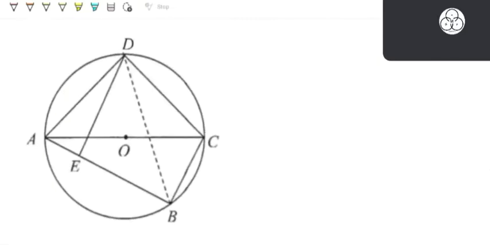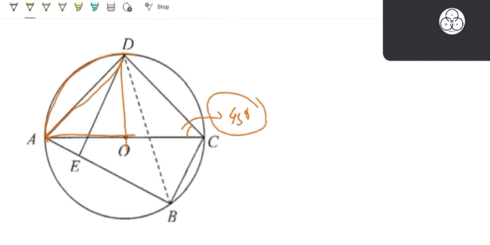Okay, fine. So what about this angle? This is 45 degree, and this angle is subtended by this side. So the angle subtended by this, say, arc AD, minor arc AD, is subtending angle 45 degree. So the angle subtended by this will be 90 degree. Similarly, here you will get 45 degree.